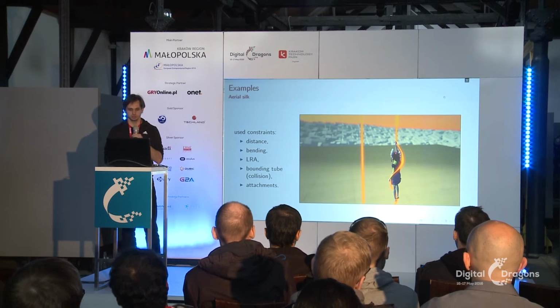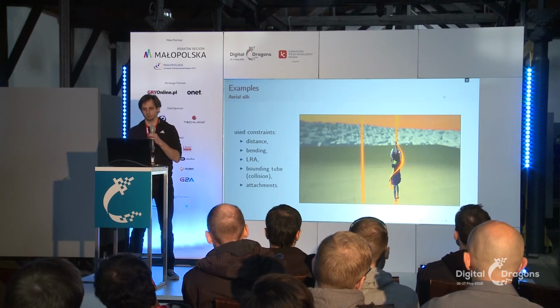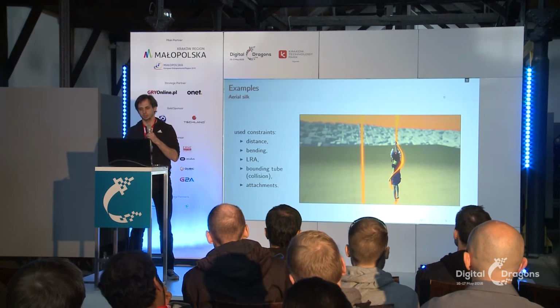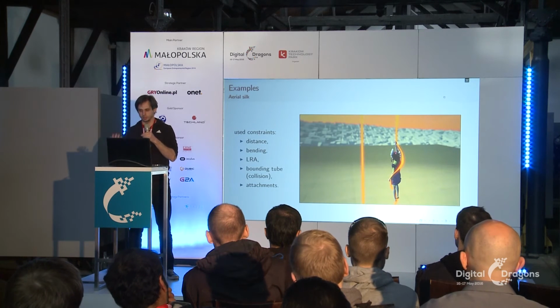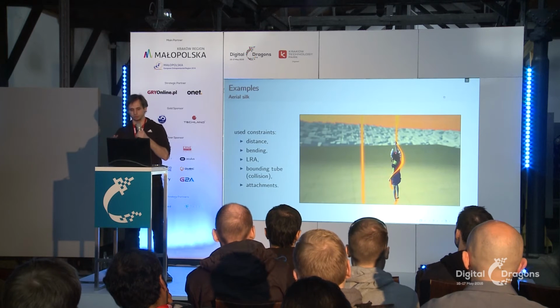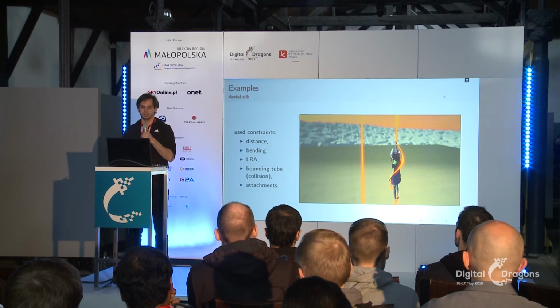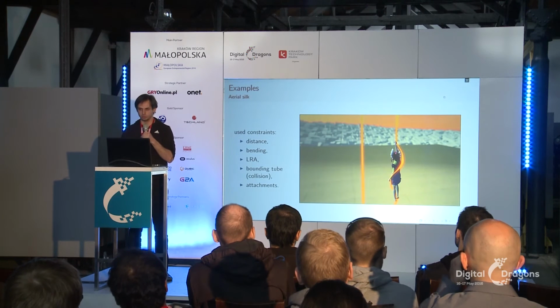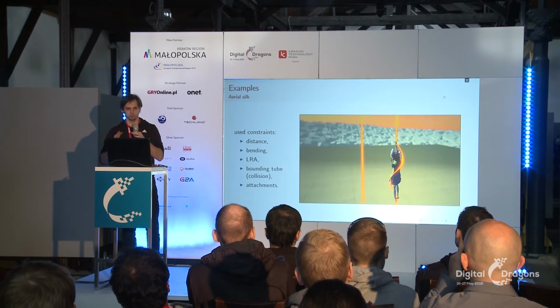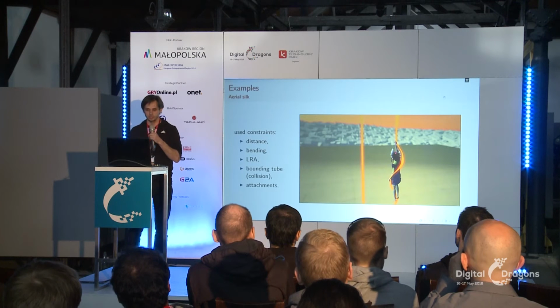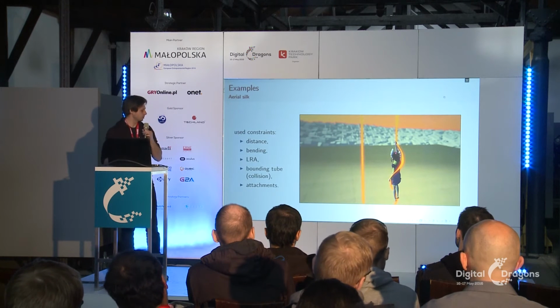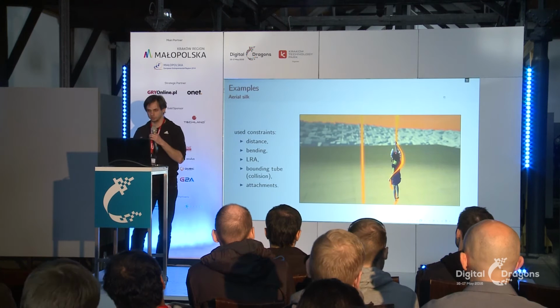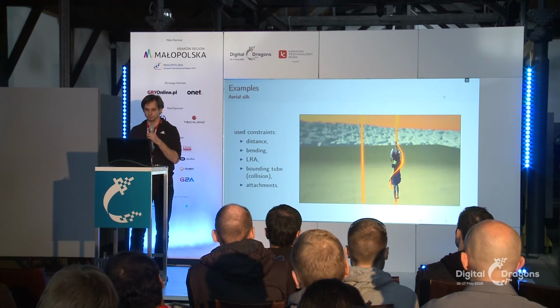Aerial silk. Aerial silk is a rope attached at one end toward space, and of course distance, bending and long-range attachment constraints keep the rope-like behavior, and the bounding tube constraint is actually a collision constraint.